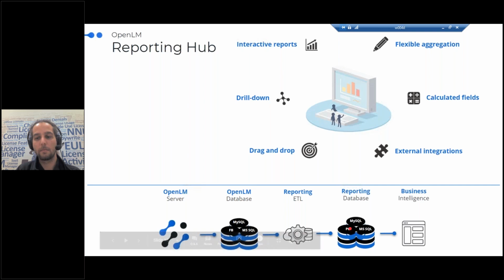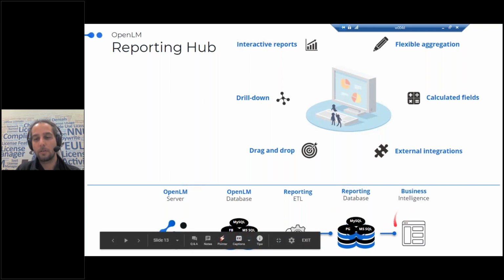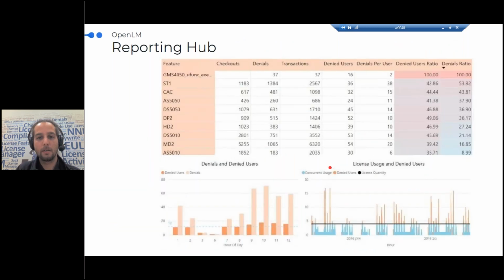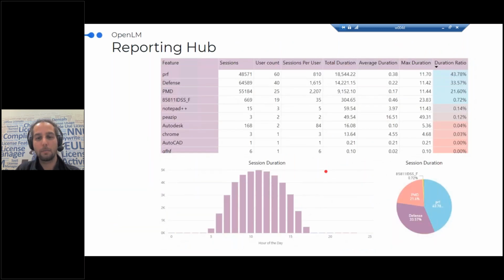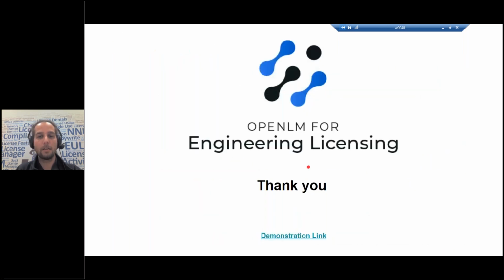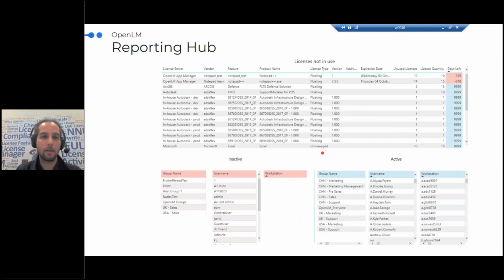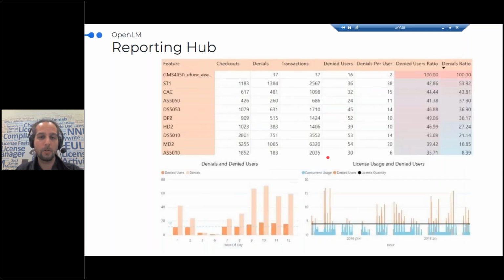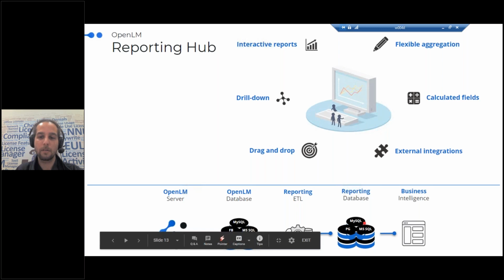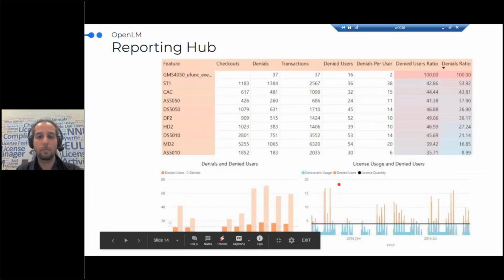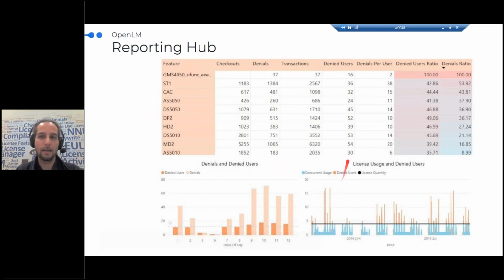On that reporting database, you can use any business intelligence tool and generate reports that are custom made to exactly what you desire. We have a lot of users who ask, can I have this report, can I have that report, and each client wants their own report. So we decided to export all the data into a reporting database, and using a BI tool, each client can generate their own unique report to exactly what they need.